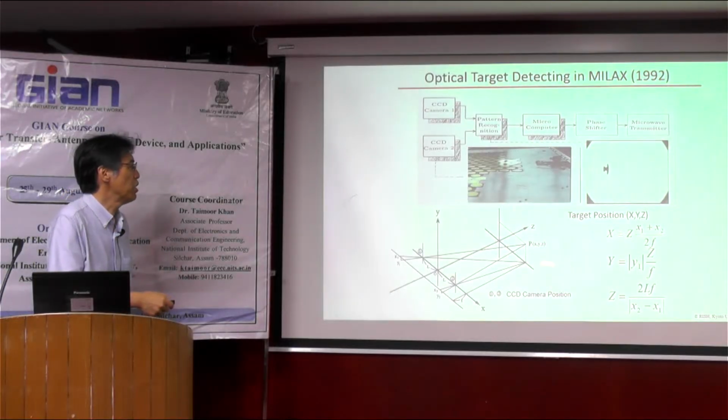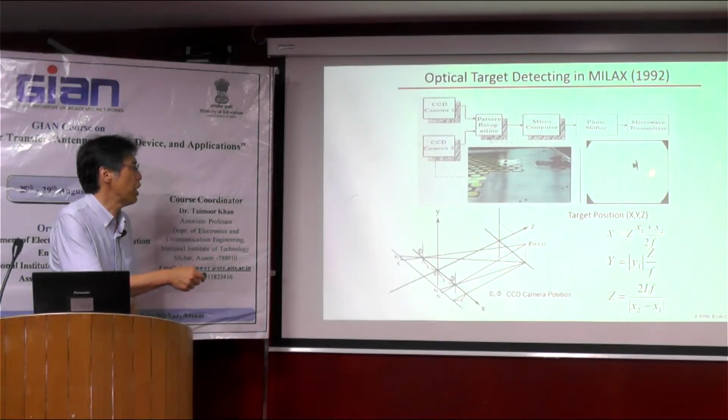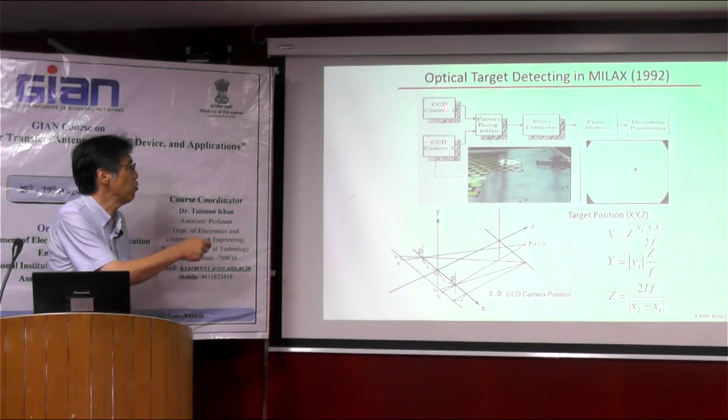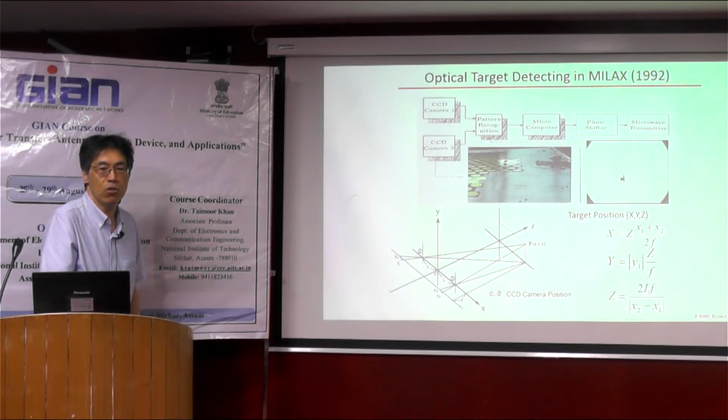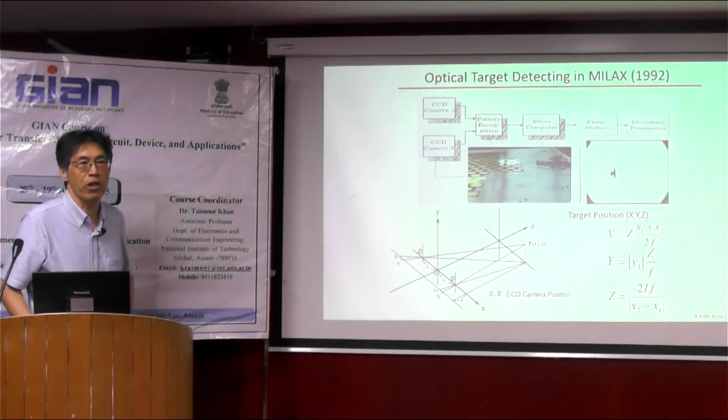So in this case, like this figure, we can detect the position of this airplane and the height of the airplane by these 2 CCD cameras. So we succeeded in this MIRAX experiment about 30 years ago.